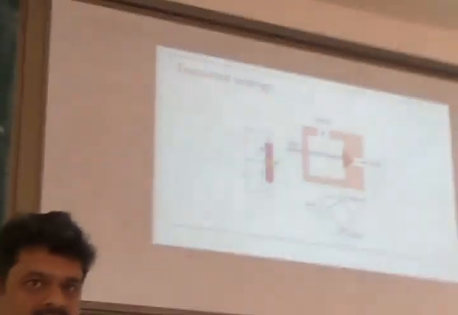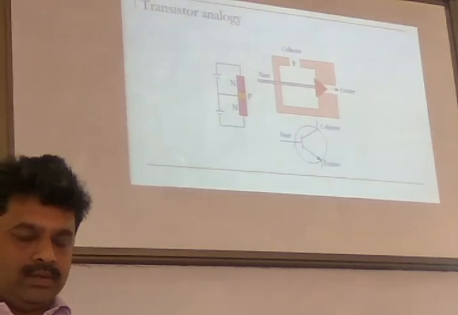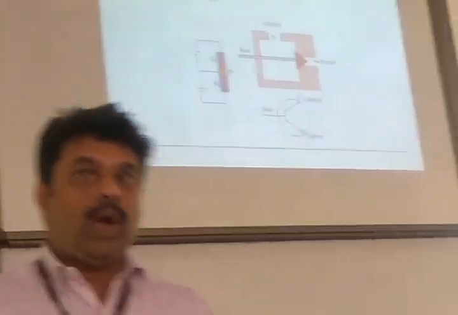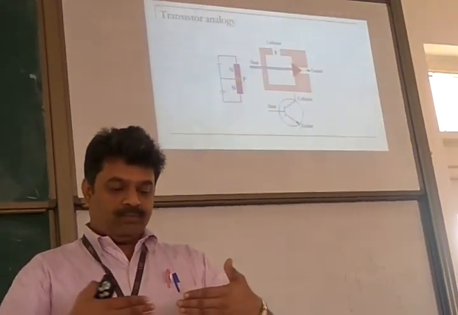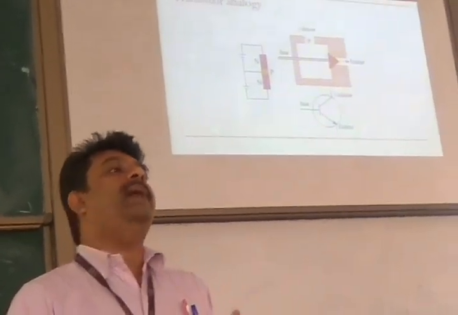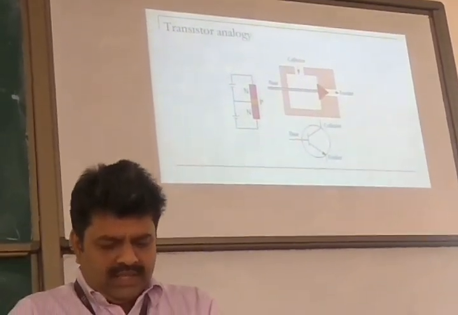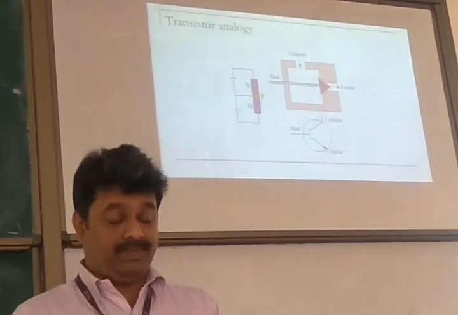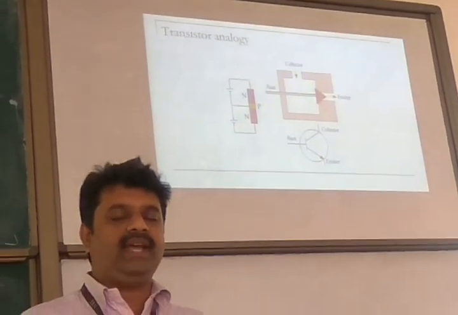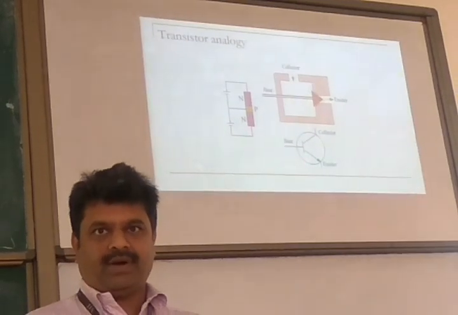I am not happy with the way you do this. You have P-type material, N-type material, and you have a junction. That junction is a barrier for the flow of charges. The barrier is big when the voltage is small, when it is forward biased.